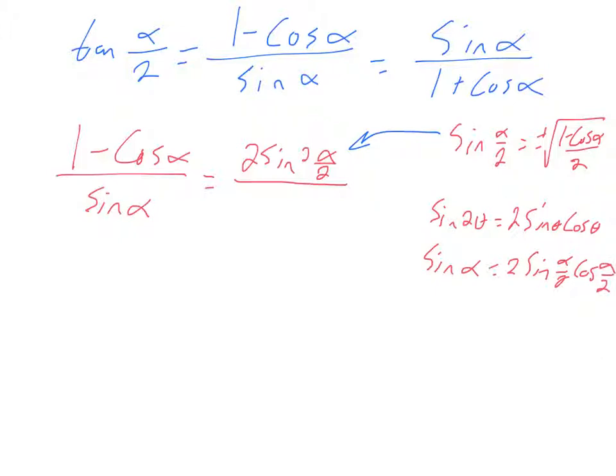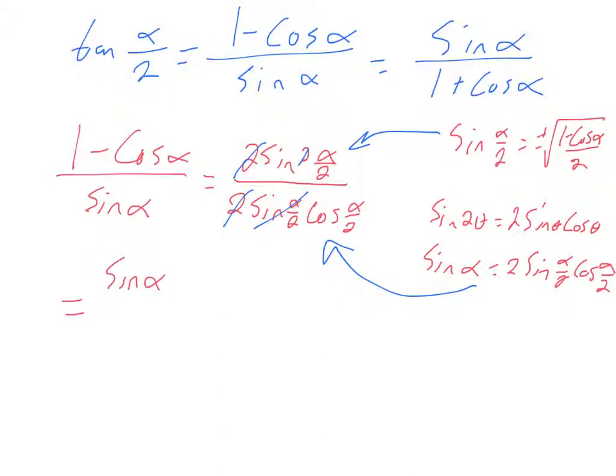Then we reduce that: the 2's cancel, and one of the sines cancels, leaving us with sine alpha over 2 over cosine alpha over 2.